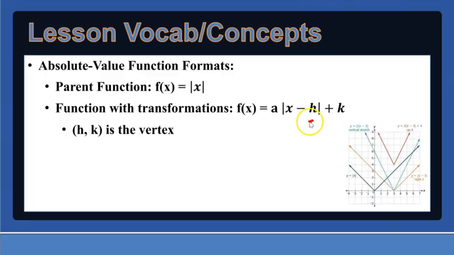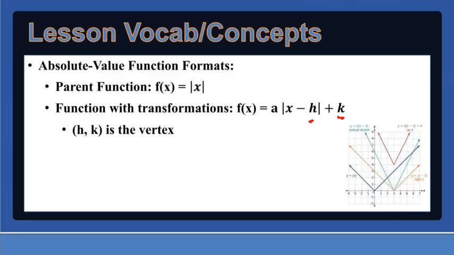So whatever h is and whatever k is, that's where you're going to put your main point, which is the vertex here. But remember, this is x minus whatever h is. So in this example, if it's x minus 4, the h is actually a positive 4 because the minus is part of the form itself.